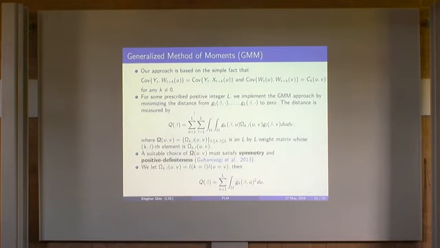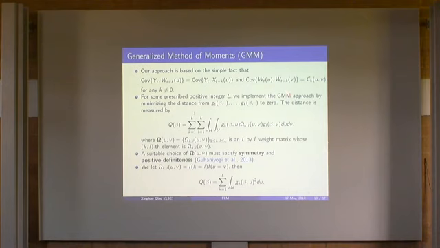Okay, and based on this, we developed a generalized method-of-moments approach. For some prescribed positive integer L, L can be any positive integer, but L cannot be very large. I'm going to talk later about how to choose L in practice.